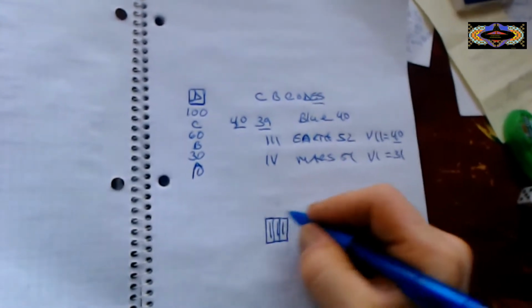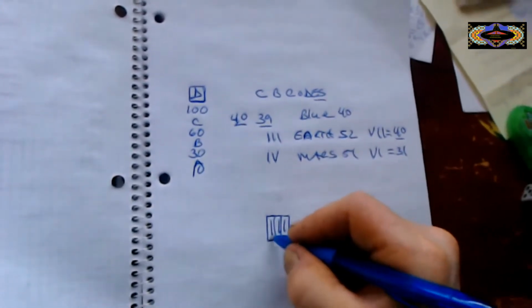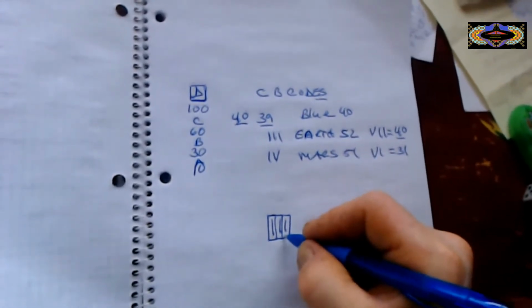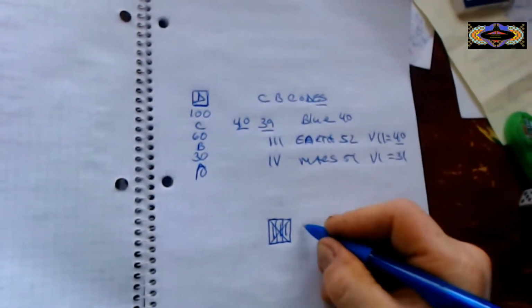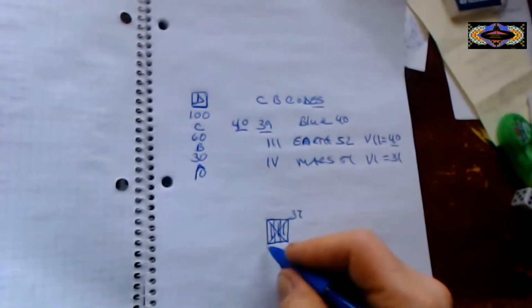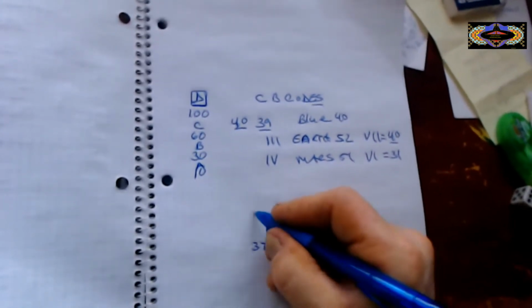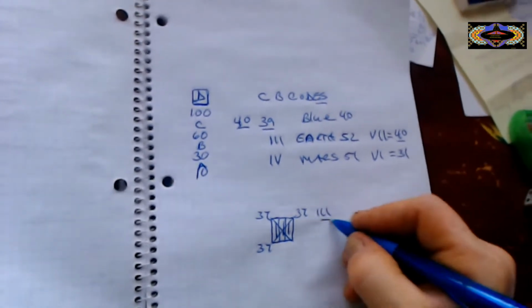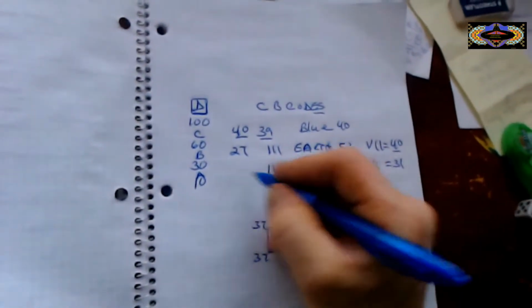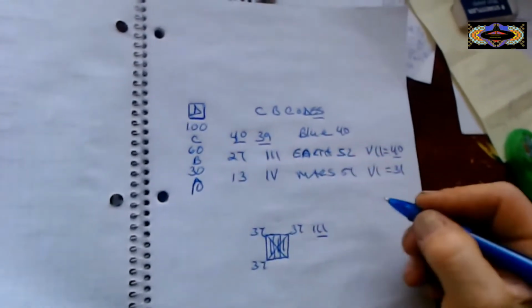It's the only place in roulette where there's red, red, black, black, red, red over each other. The crisscrossing is 37, 37, 37, 111. It's just ironic that Earth is this. Earth is numeric value 27, and Mars is numeric value 13.